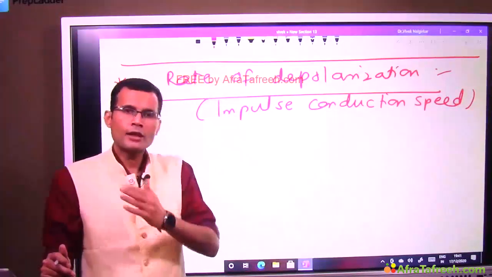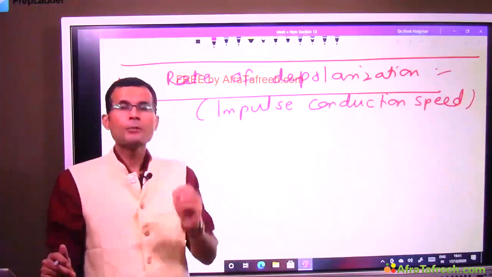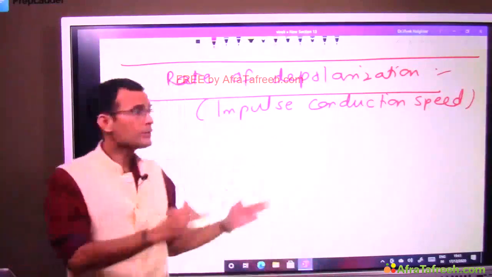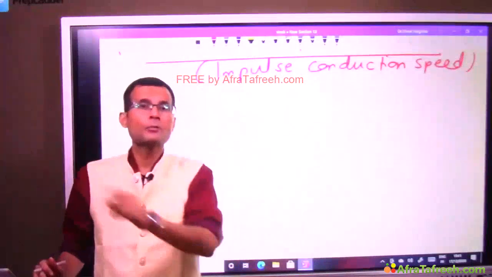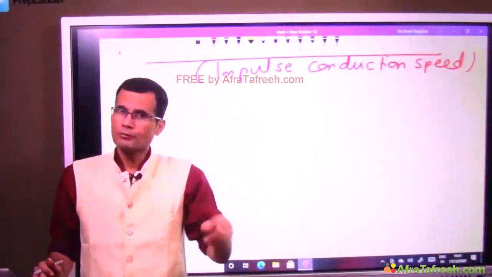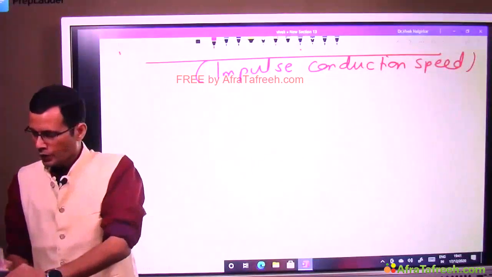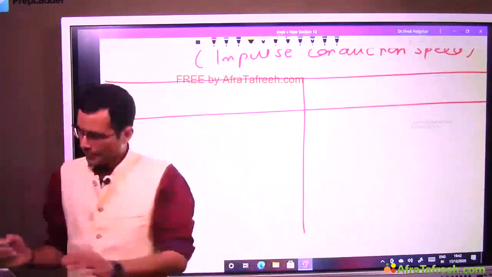So if the cells are rapidly depolarizing, ionic movement is rapid, the impulse will go through that part rapidly. So impulse conduction speed depends on the rate of depolarization of the cells in that particular part of the conducting system.